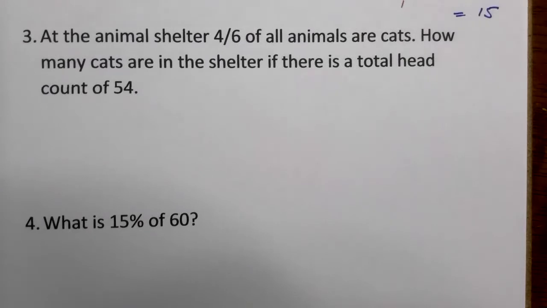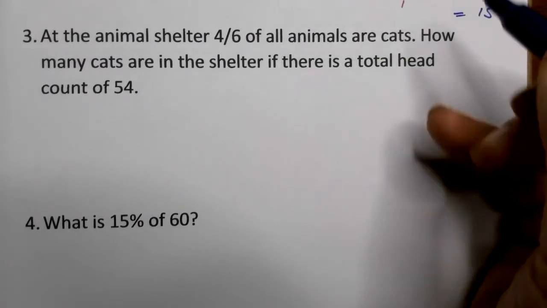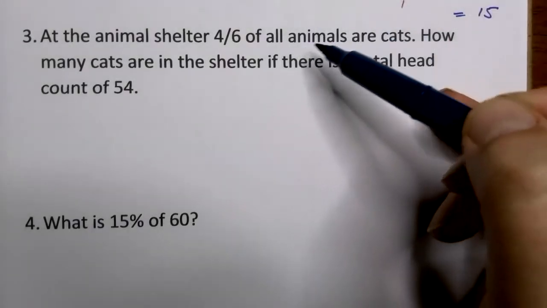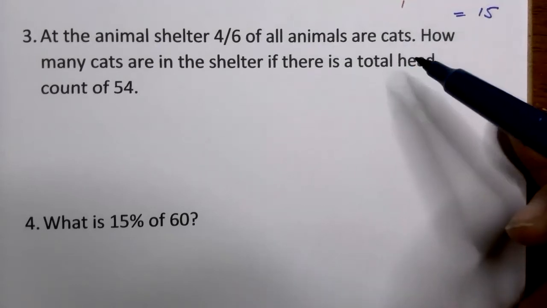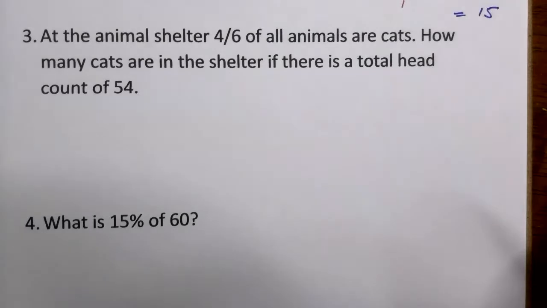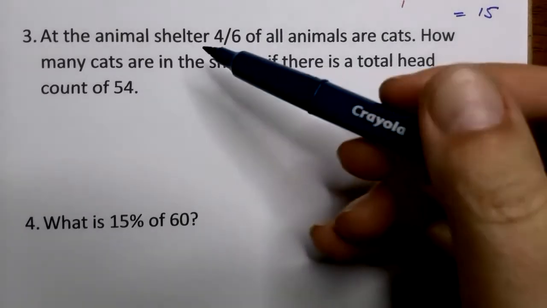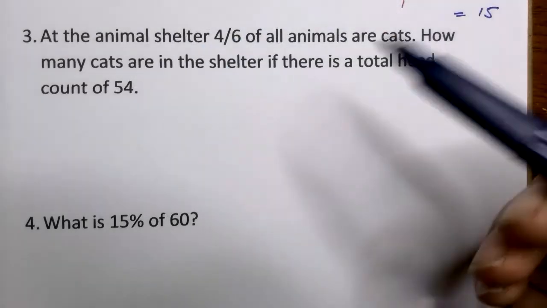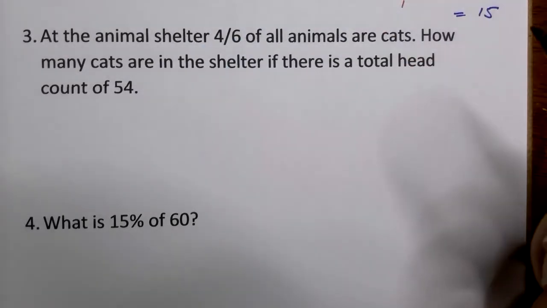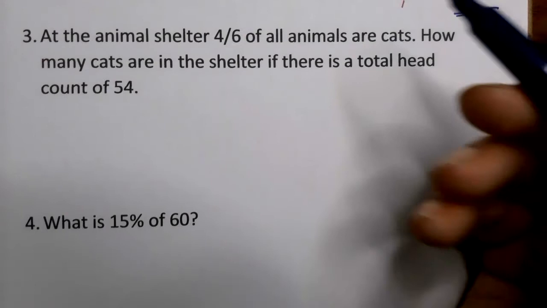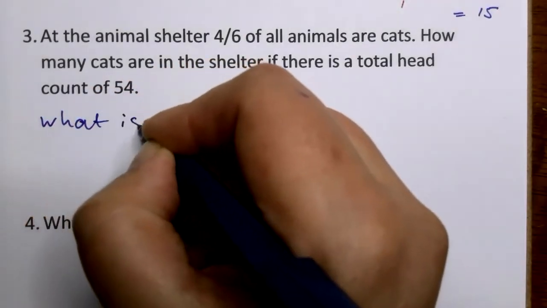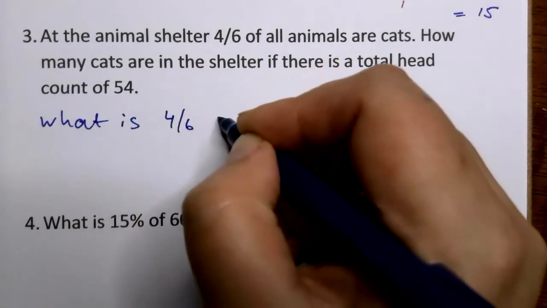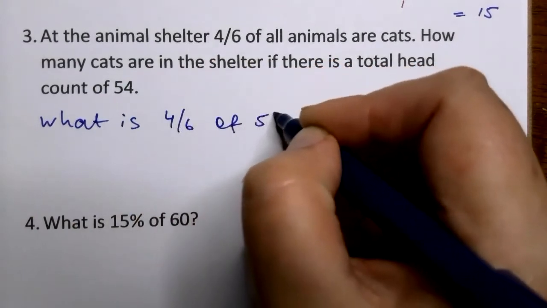It says, at the animal shelter, 4/6 of all animals are cats. How many cats are in the shelter if there is a total head count of 54? So basically, if we want to simplify the question, the real question is, what is 4/6 of 54?